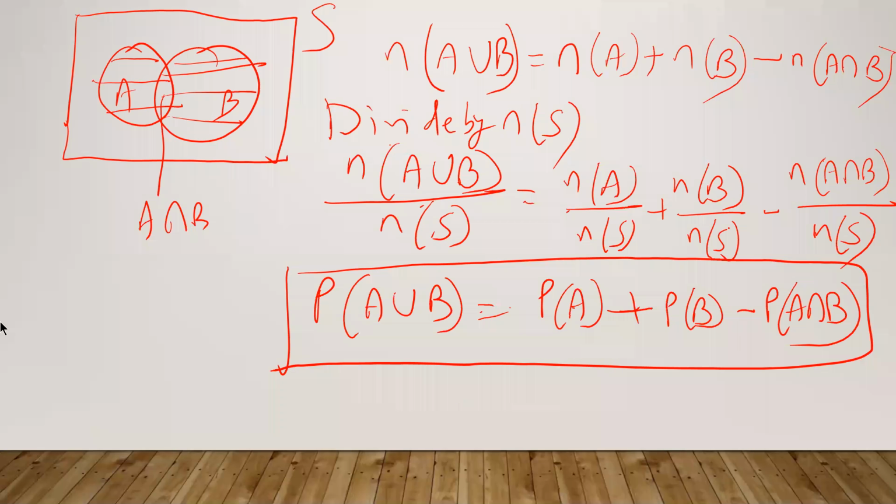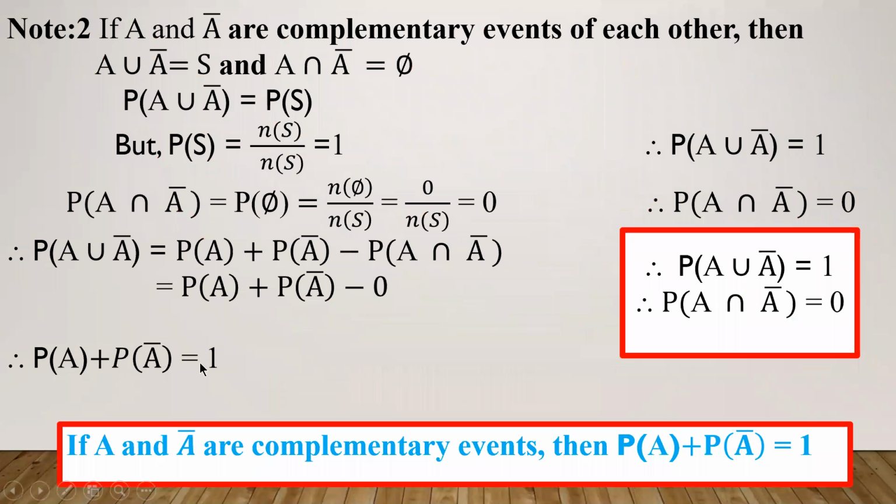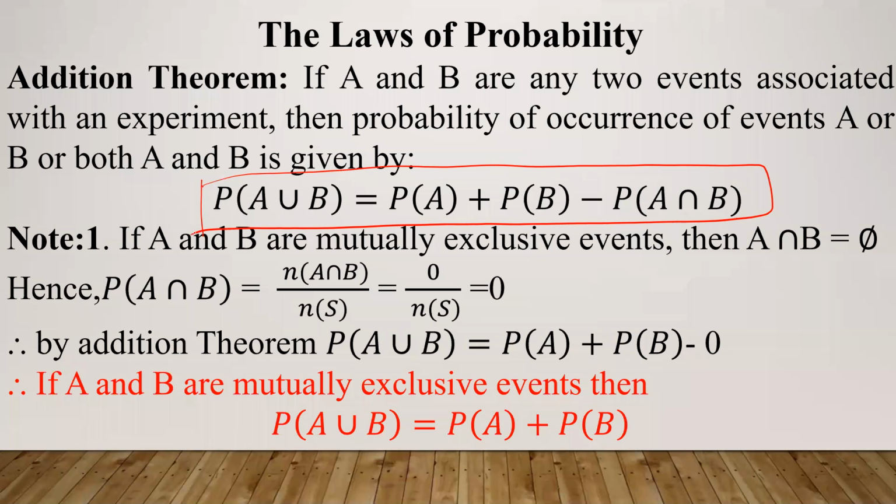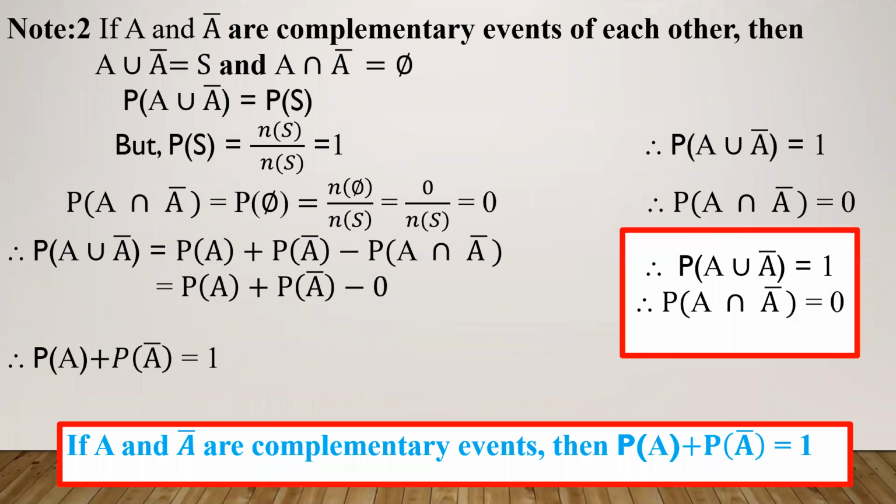So you have to remember two important things. One is this formula: the probability of A union B is the probability of A plus the probability of B minus the probability of A intersection B. And the other one: the probability of A plus the probability of A complement is equal to 1.